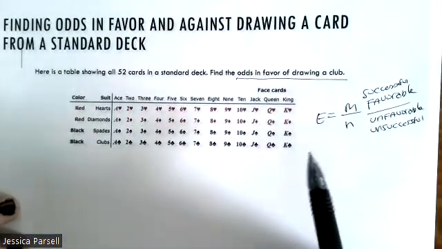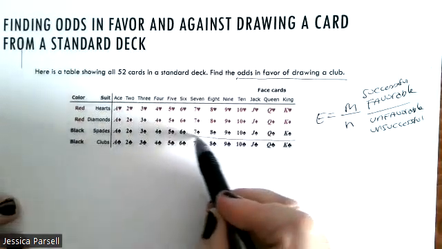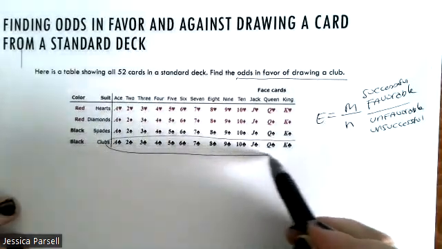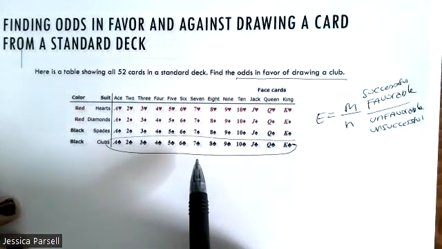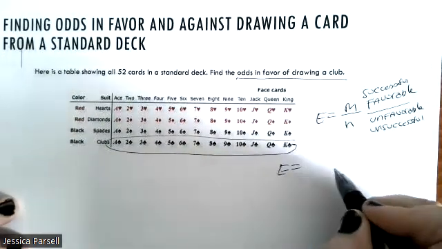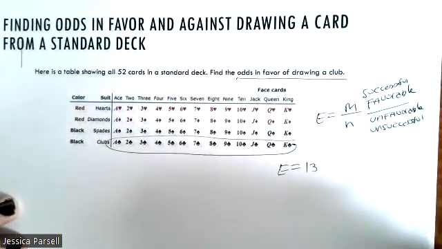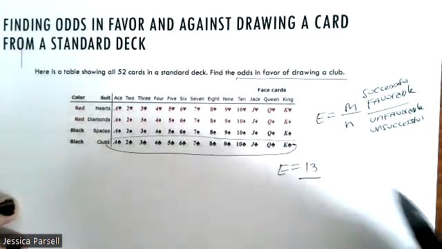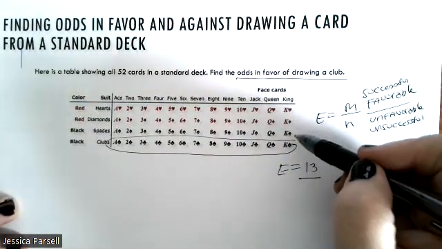Okay, so drawing a club, well, let's figure out where the clubs are. These are all of these guys down here. So that would be success, drawing a club. Well, there's 13 of these. So I know it's going to be 13 for successful. And unsuccessful is these other 13, 13, and 13.